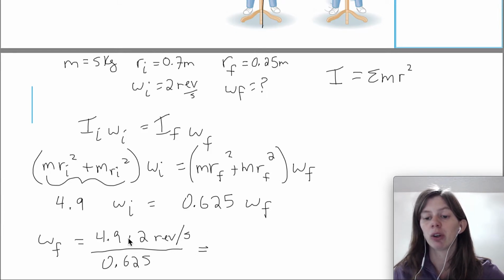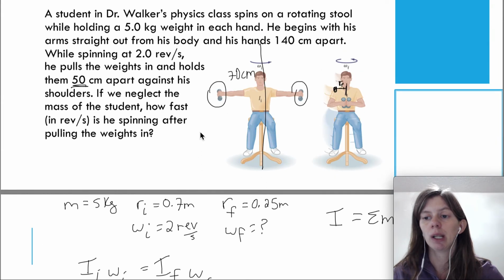So we did not need to convert in this case, and I got 15.7 revolutions per second. So close to 16 revolutions per second, when initially he was only rotating at 2 revolutions per second. So it is an impressive demonstration.